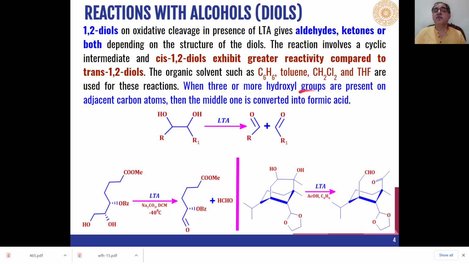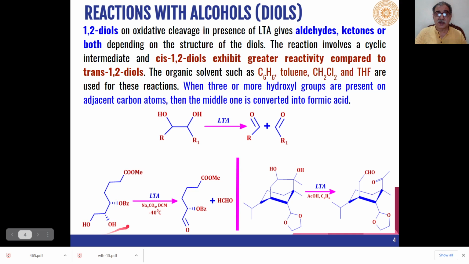And when three or more hydroxyl groups are present on adjacent carbons, then the middle hydroxyl group is converted into formic acid. So, as I have told you, a 1,2-glycol will cleave from the center of this carbon-carbon bond, and we will get two carbonyls. That's the product. So these are a few examples.